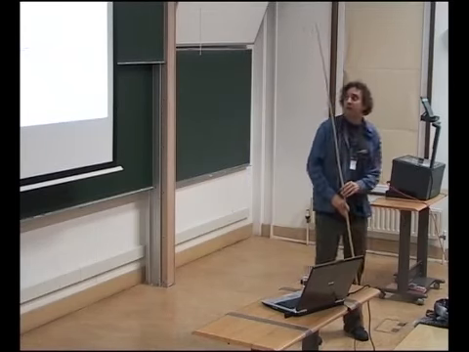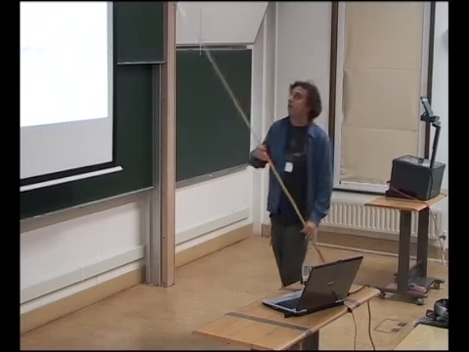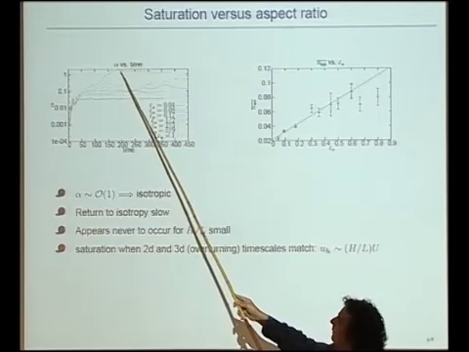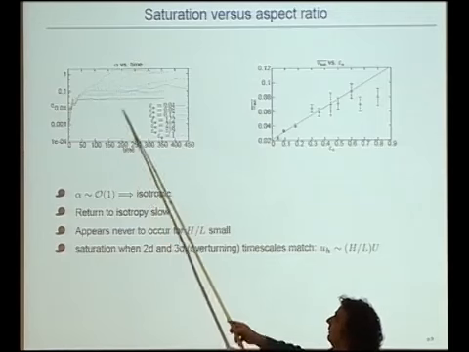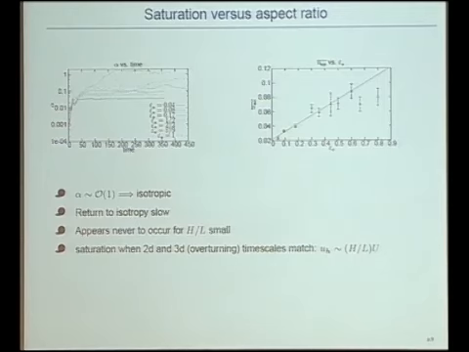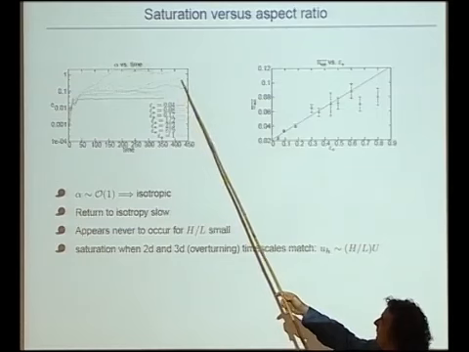The different curves are different domain aspect ratios, right? Going from thin down here to order 1 up here. One of the points that I want to make is just that the return to isotropy is relatively slow, right? It takes a long time, even for the cubic box, to return to isotropy from 2D turbulence.